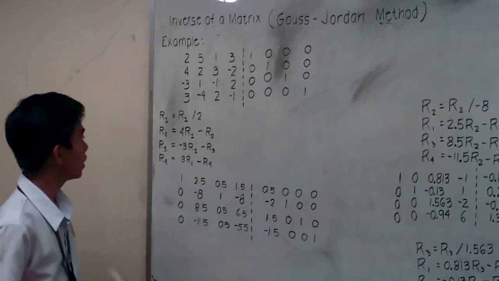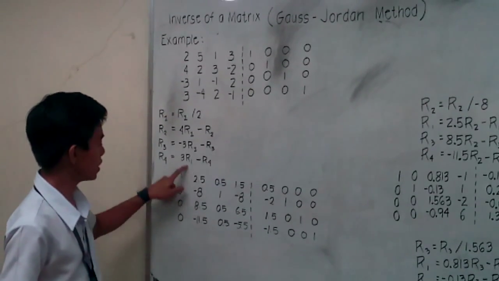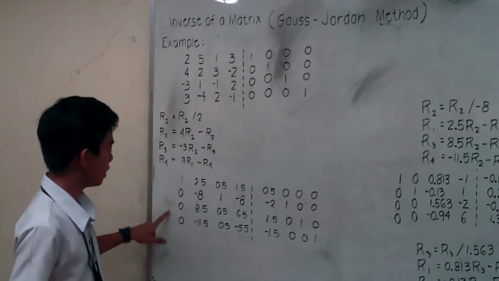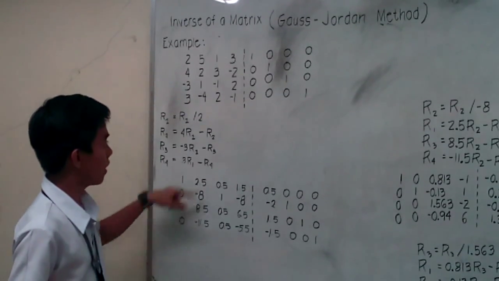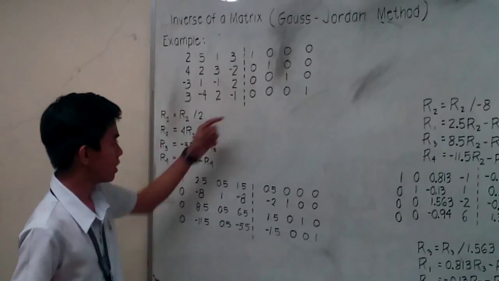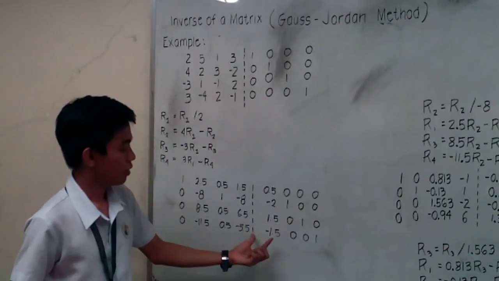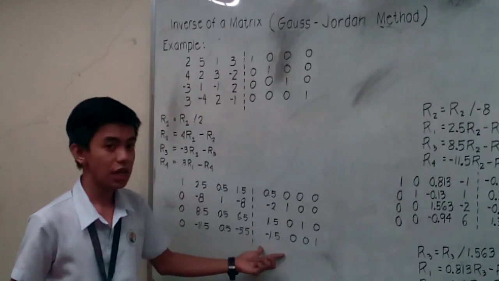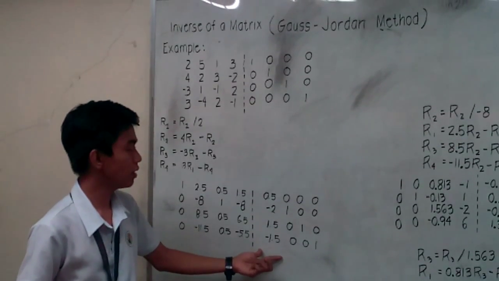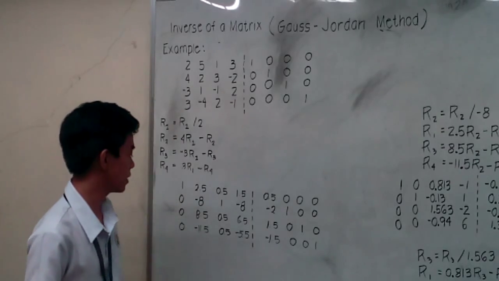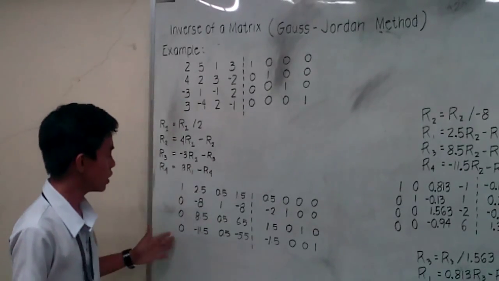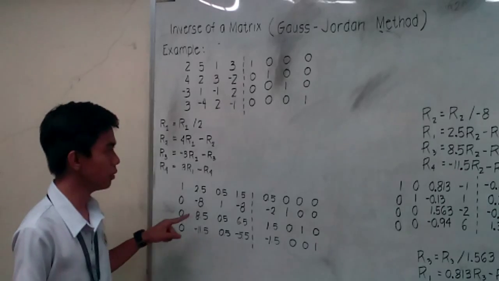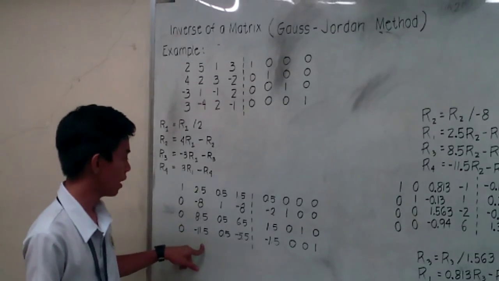So as you can see, the first column was made to imitate a column of an identity matrix. And as we can see as well, the first column of the identity matrix was transformed with different elements. So since we're done with the first column, we will proceed to the next column.